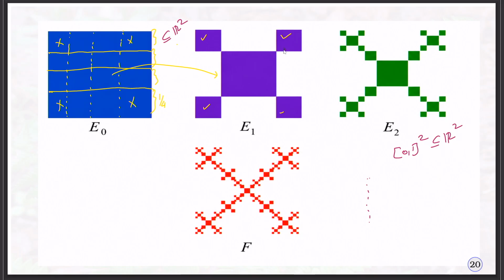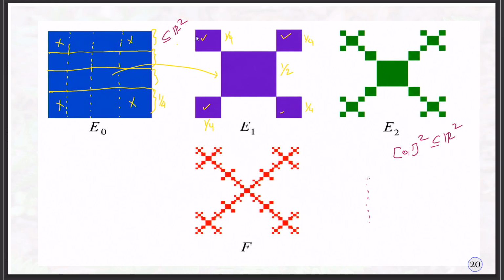So these 4 squares have side length 1 by 4, whereas this middle one has side length 1 by 2. In the previous case we constructed all the squares with the same ratio, but here after the first step we get a set with 2 different ratios. This has the ratio 1 by 4, and this has the ratio 1 by 2.